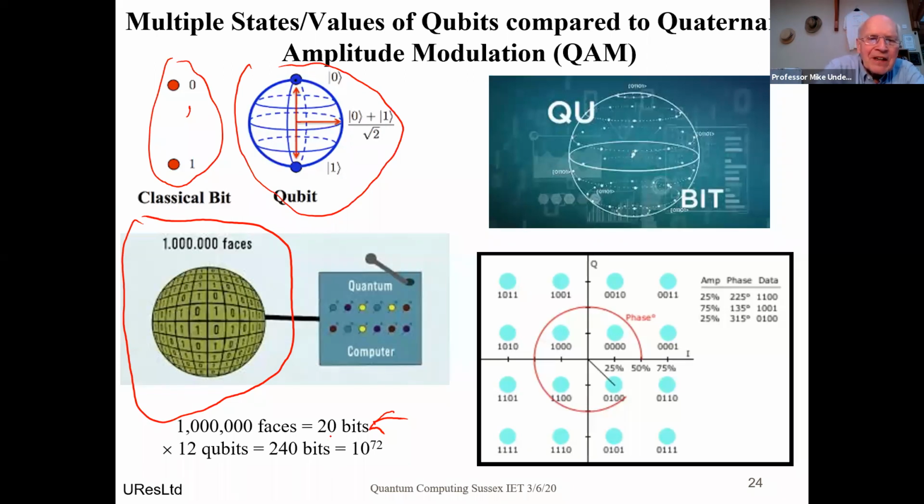And if we feed that together with this quantum computing here, we get 12 qubits, each one of them with 1 million faces, which is 240 bits, which is 10 to the 72 possibilities. So it's getting up to the amount of data in all the world. So that's beginning to show the interest.